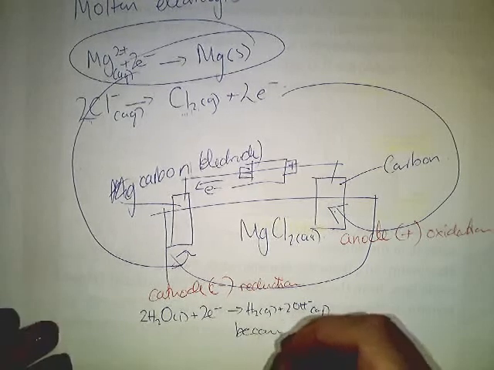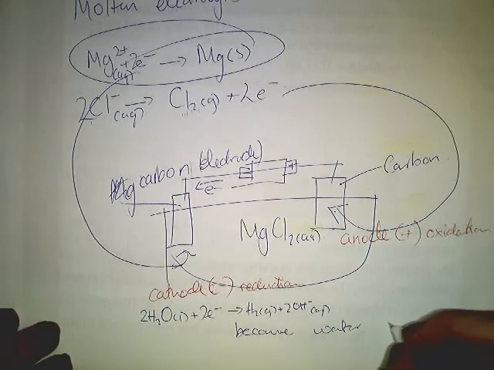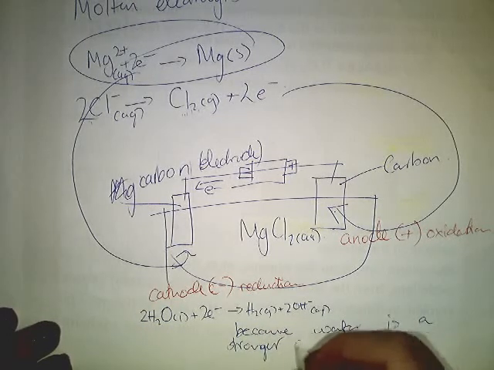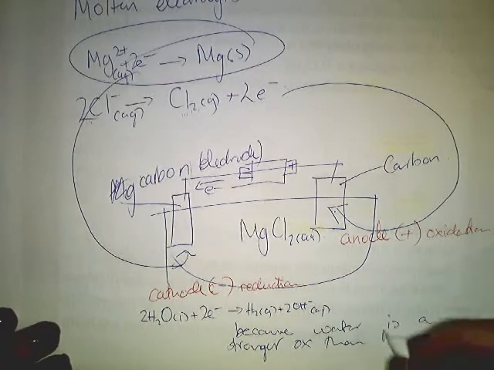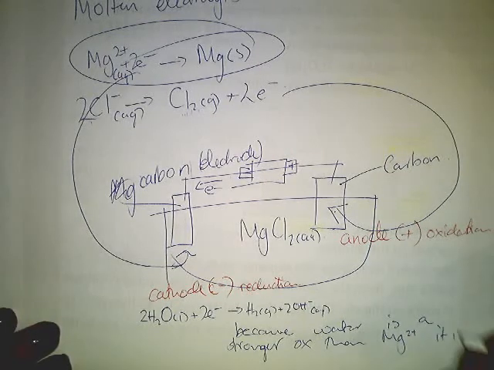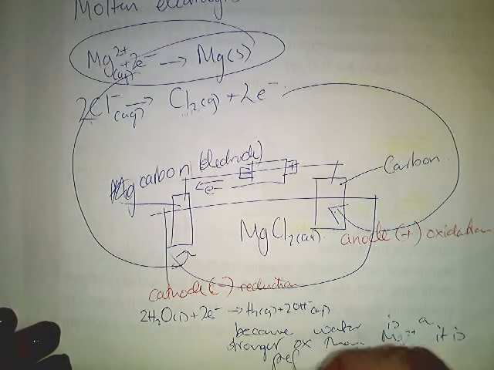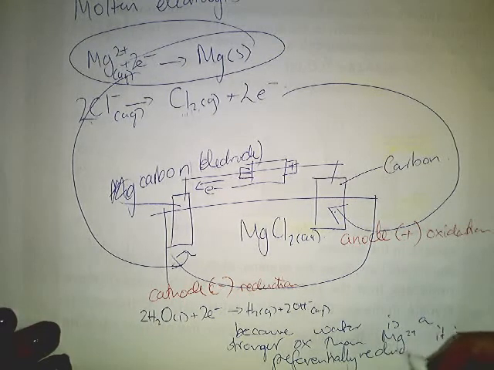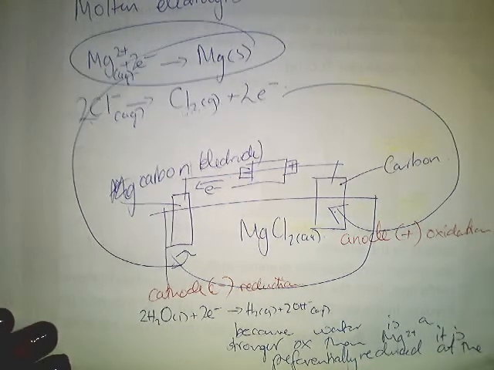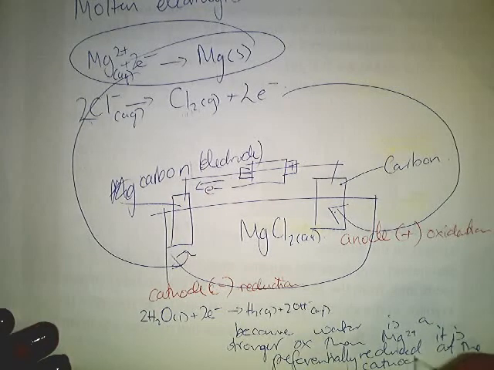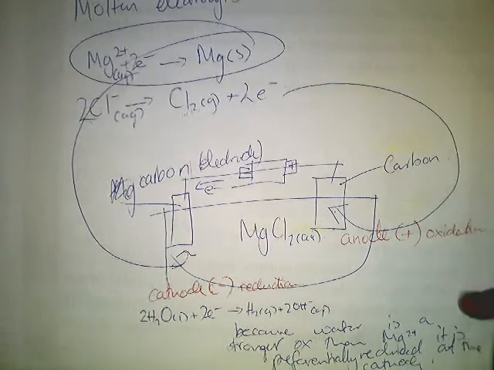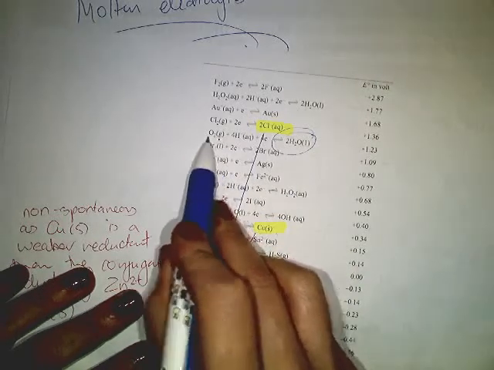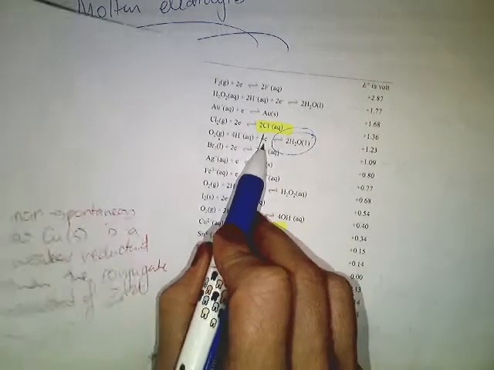Because water is a stronger oxidant than Mg2+, it is preferentially reduced at the cathode. Then you have a look at the other one. Water is going to be reacting to produce oxygen gas, hydrogen.